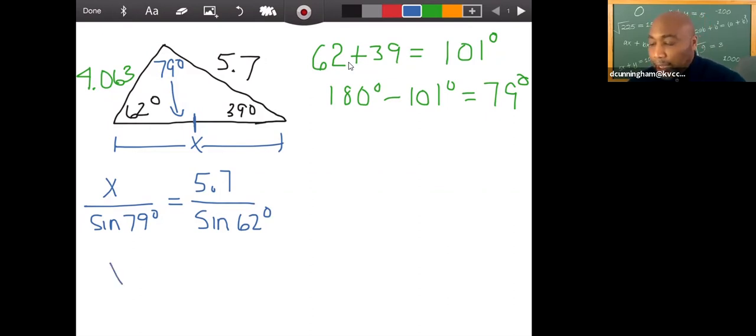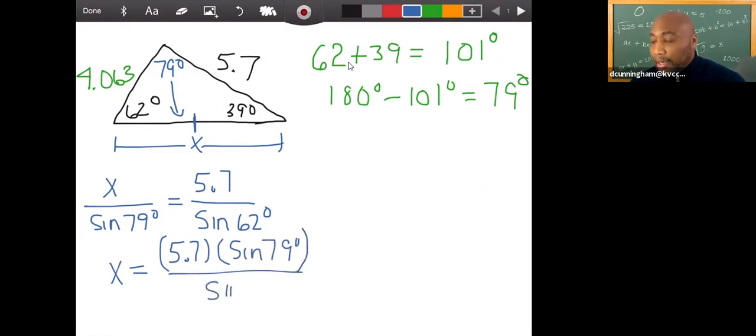So we solve for X. X would equal 5.7 times the sine of 79 degrees over the sine of 62 degrees. Again, I suggest that you find the sine of 79 degrees, write that down, and find the sine of 62 degrees.